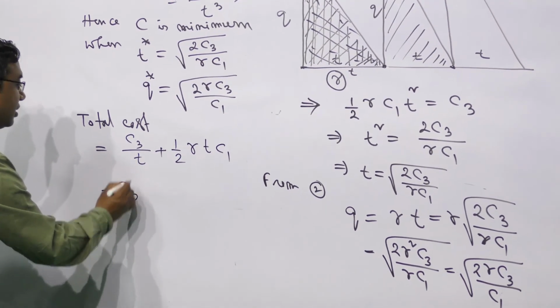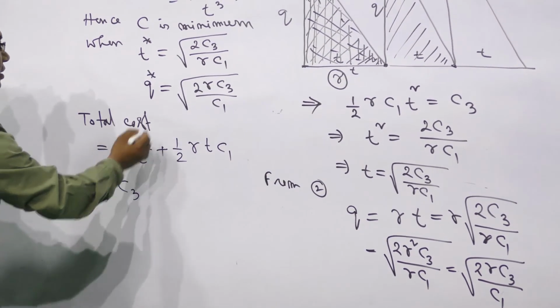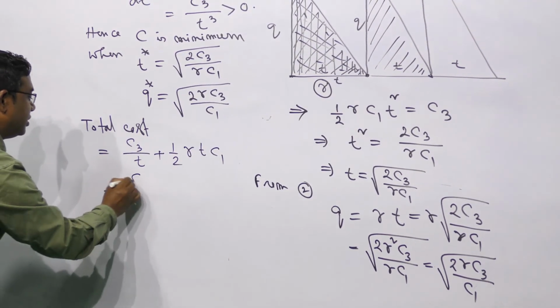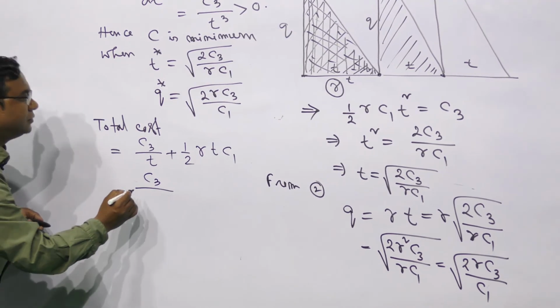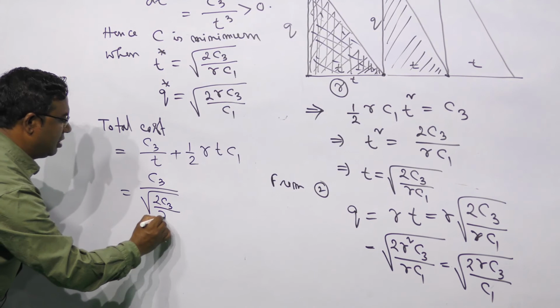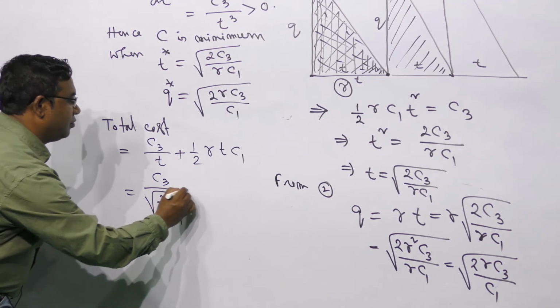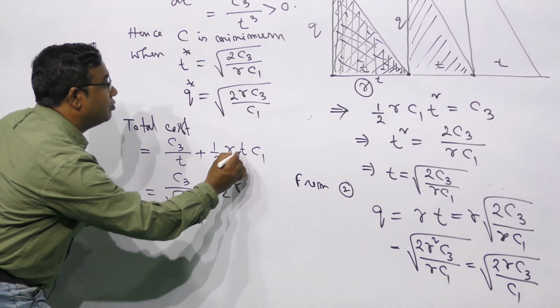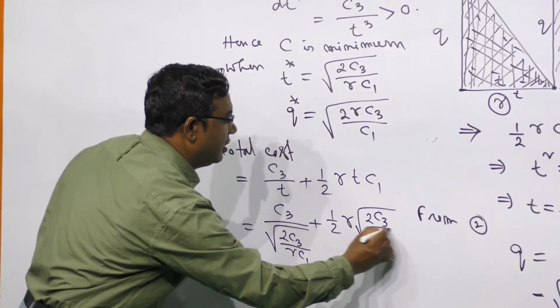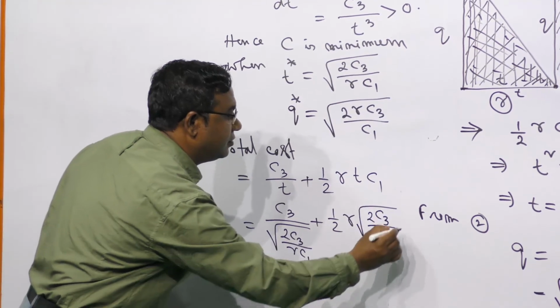So C3, the value of T you put here, it is 1 by T, C3, root over twice C3 by R C1, plus half R, putting the value of T here, root over twice C3 by R C1, then C1.